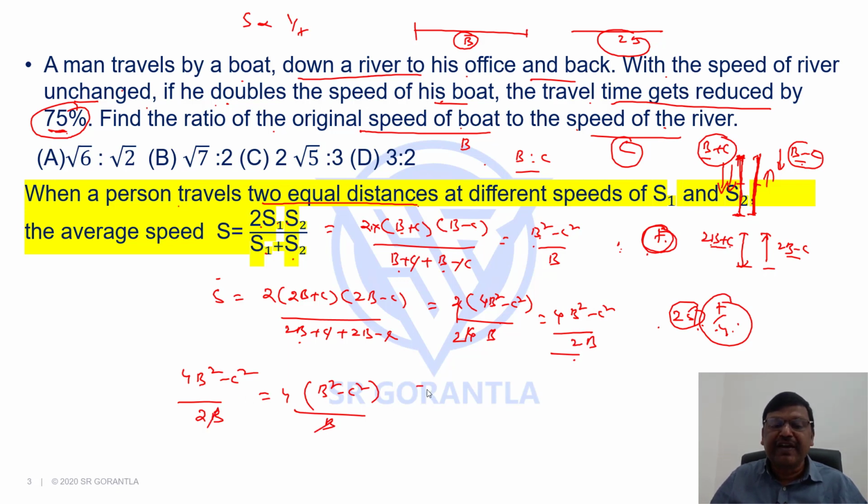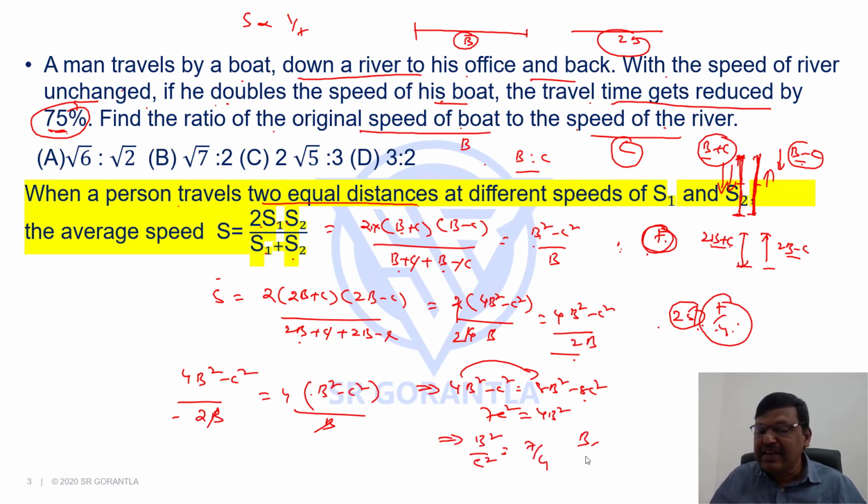If you try to simplify, (4b square minus c square) equals, 2 goes to the other side, 2 4s are 8b square minus 8c square. b square comes here, 4b square equals 7c square. If I simplify this, b square by c square is 7 by 4, or b by c equals root 7 by root 4, or root 7 by 2. So in other words, the ratio of the original boat speed to the river speed will be root 7 is to 2.